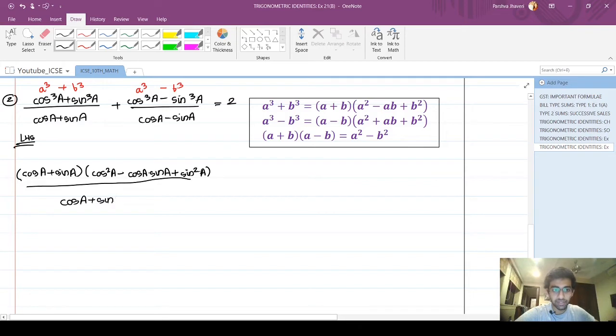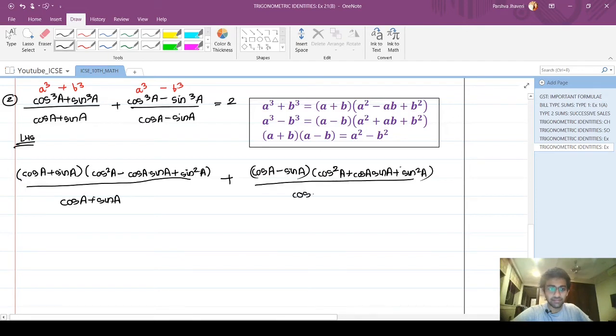Just leave the denominator as it is. Now here we'll say a minus b into a square plus ab plus b square. As I said, leave the denominator as it is.